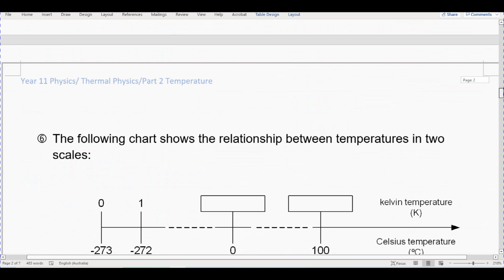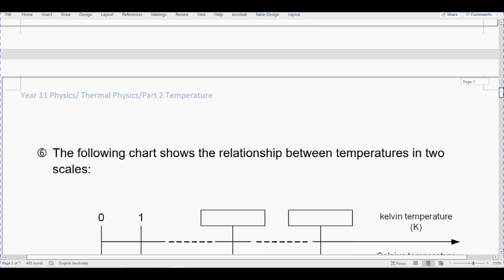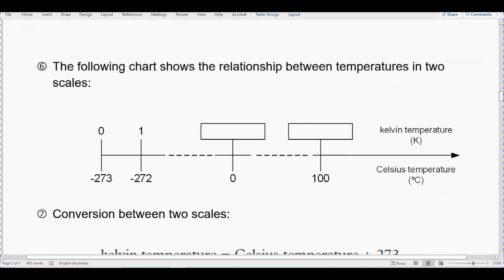Okay, so let's compare the two. Remember, when the kinetic energy of the particle becomes zero, the theoretical temperature in degrees Celsius is minus 273. So if you want to design a new temperature scale, you need that Kelvin scale, and it should have a linear relationship with Celsius temperature.